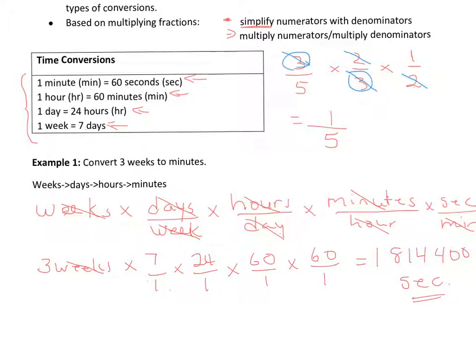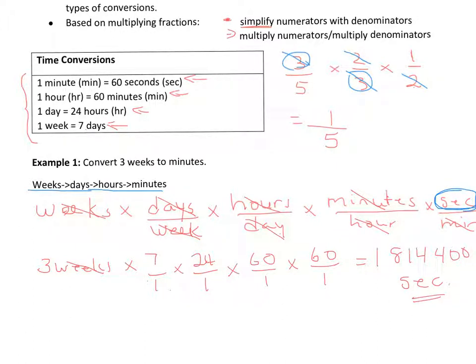The first one is to decide what the units are that you're going to travel through to get to your solution. So you're going to go from, in this example, weeks to days to hours to minutes. And then decide what it is that you're going to multiply by each time so that your units cancel out, so that the only word not crossed off is the unit you want for your final answer, so the seconds in this case.